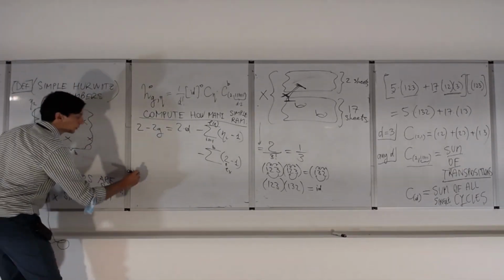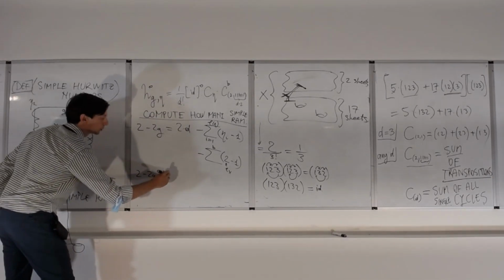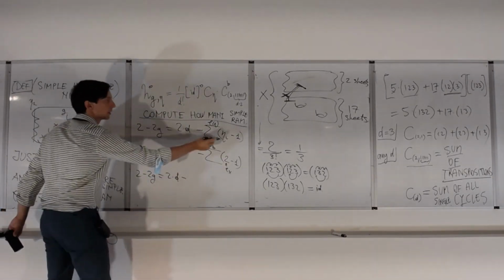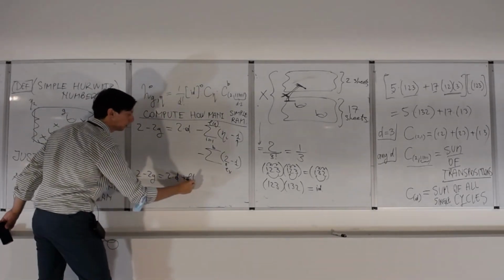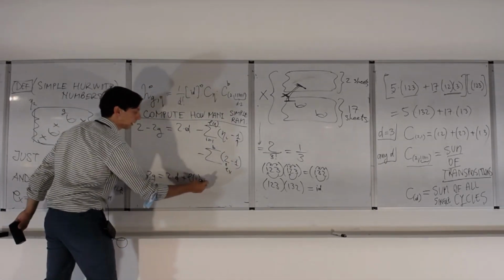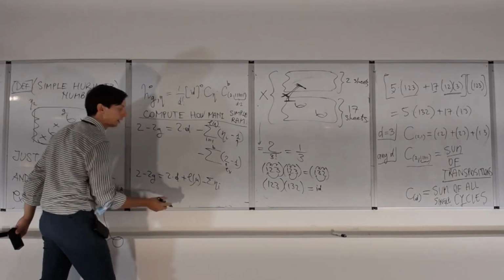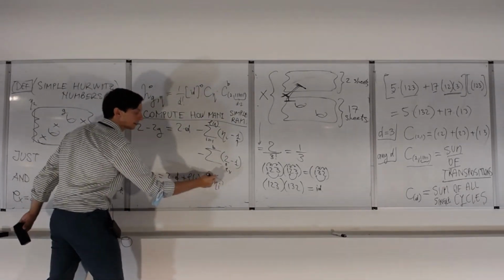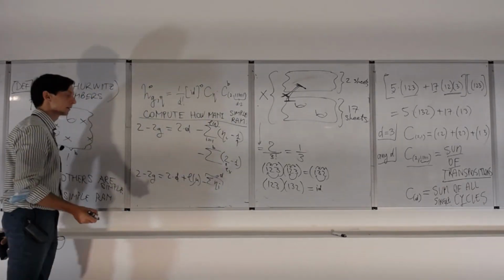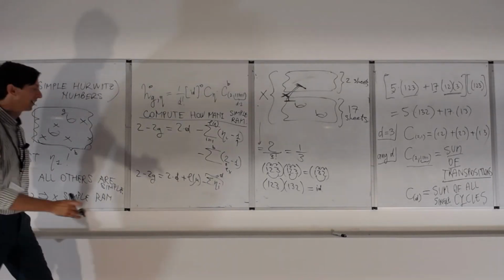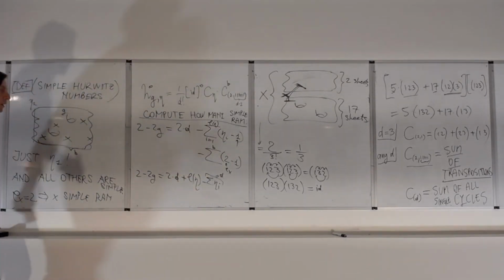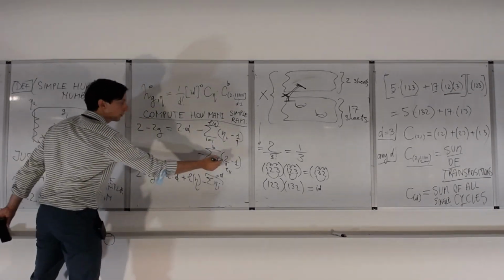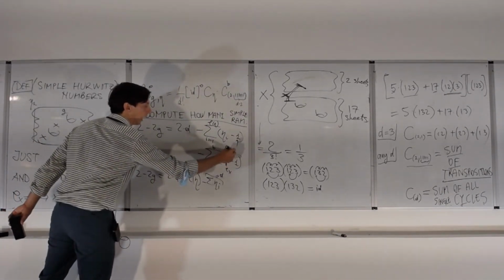So now 2 minus 2g is equal to 2 times d minus, I take this minus 1 outside, so that becomes plus the length of eta. And then I have minus the sum of the eta_i's. But we know that the sum of the eta_i's is always d. Sorry? Thanks. I'm so used to calling it mu. And then it's minus, okay, 2 minus 1 is 1, and we have b of them.